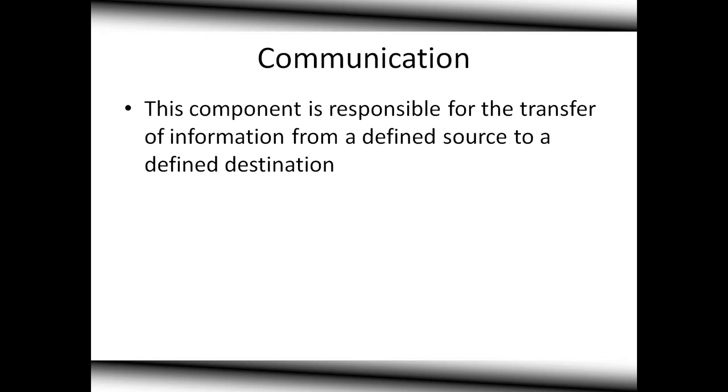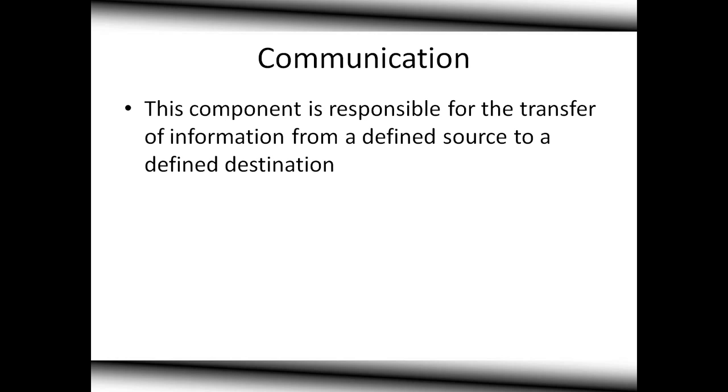Let's come to communication. When we talk about communication, I believe we also discussed it in our previous session. This component is responsible for the transfer of information from a defined source to a defined destination.